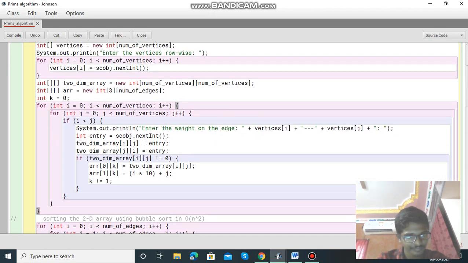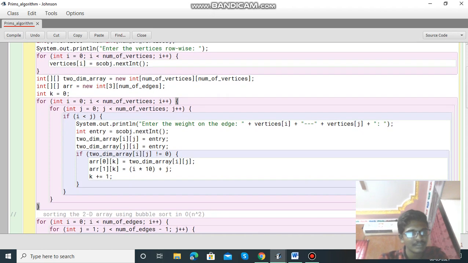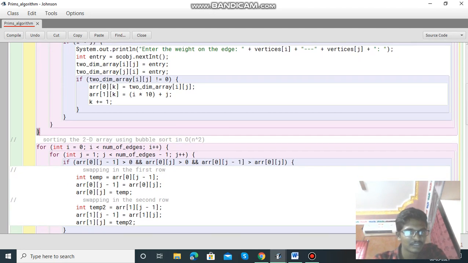Then we declare a two-dimensional array, new int[number of vertices], and an int array equals new int[3][number of edges], int k equal to 0. For loop, int i equal to 0, i less than number of vertices, i plus plus, for int j equals 0, j less than number of vertices, j plus plus, if i less than j, System.out.println enter the weight on the edge plus vertices j. int entry equals scan.nextInt(), two-dimensional array ij equals entry, two-dimensional array ji equals entry.